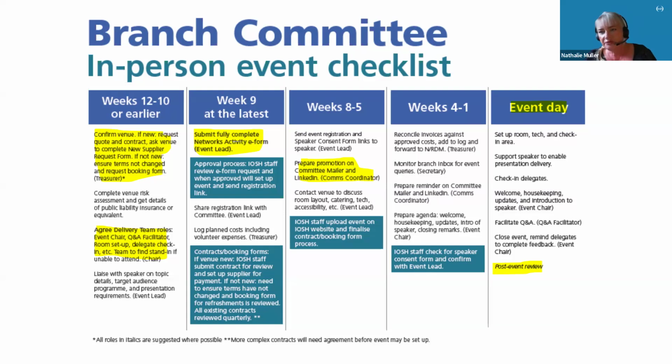And we've already covered what the event lead then does with that. So that then goes to the committee and to the speaker, and that includes the comms coordinator who will need that link to promote it. So that's usually done within 1 week, depending on whether all the information has been submitted onto the e-form.